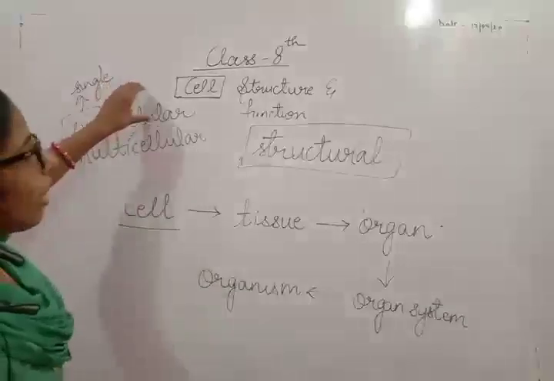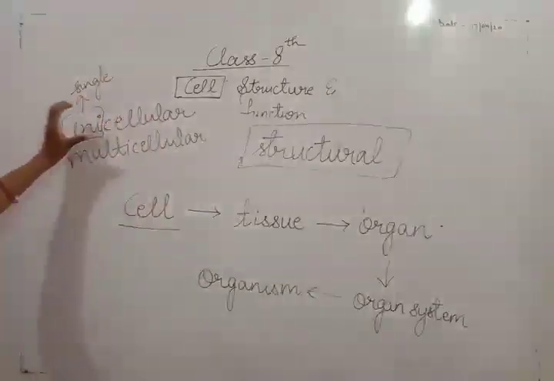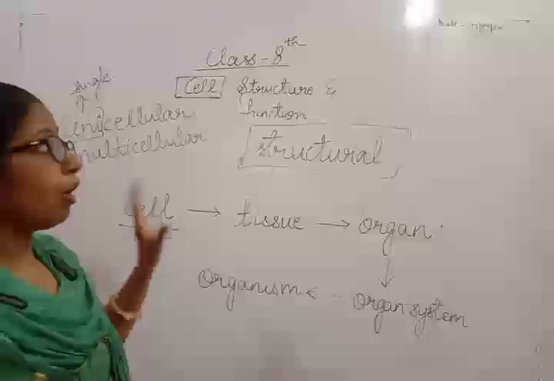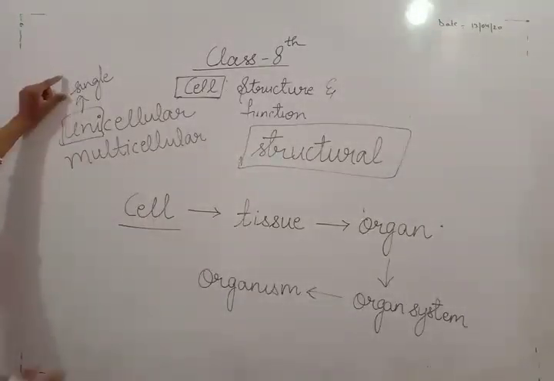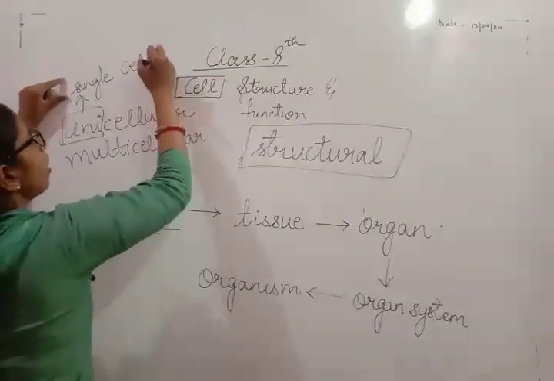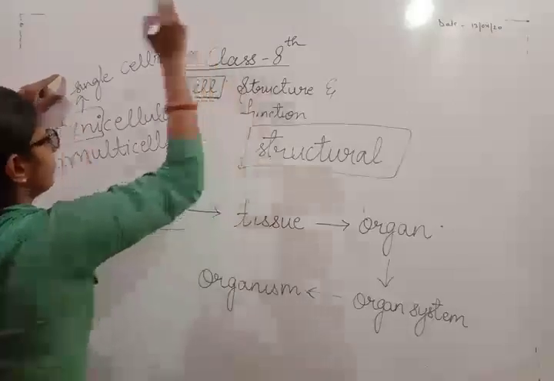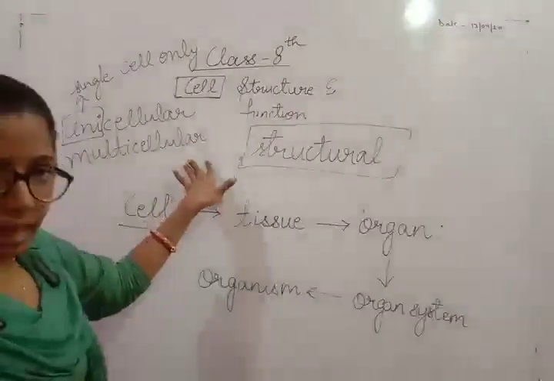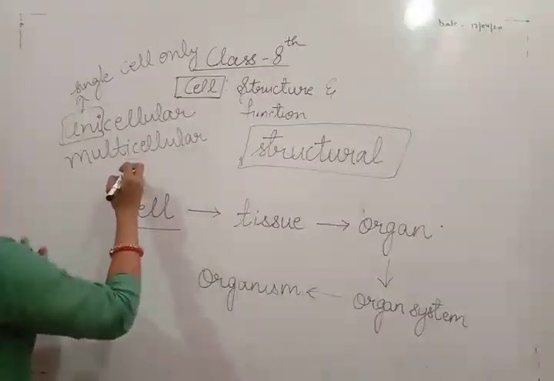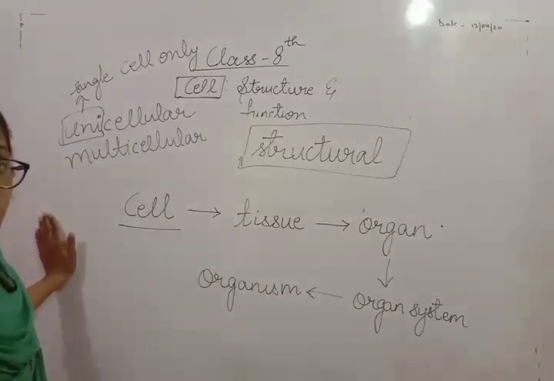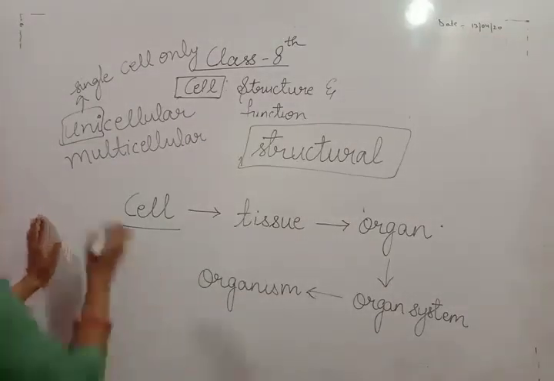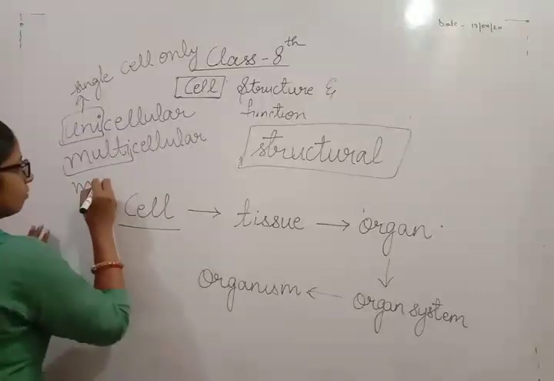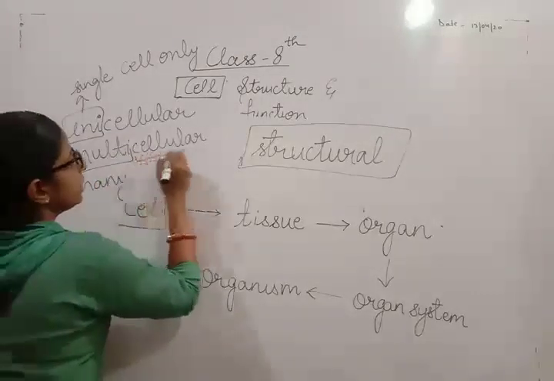These are organisms which are made up of a single cell only, and multicellular organisms are organisms which are made up of more than one cell. Multi means many cells.